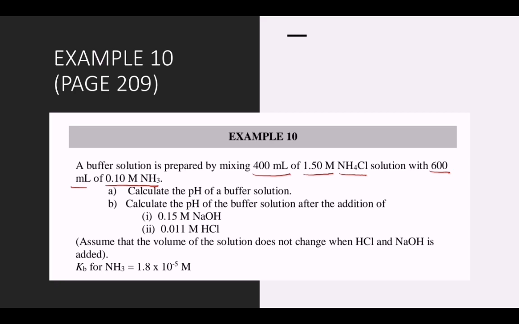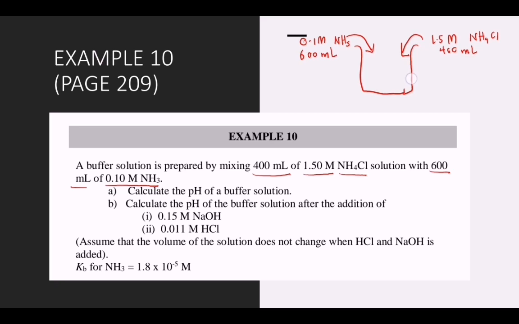So, let's draw the example here so that we can understand better. So, we have 1.5 molar NH4Cl and the volume is 400 ml. Then we have 0.1 molar NH3 where the volume is 600 ml.